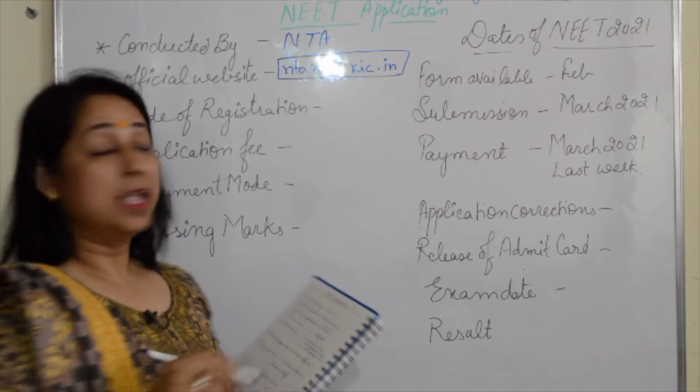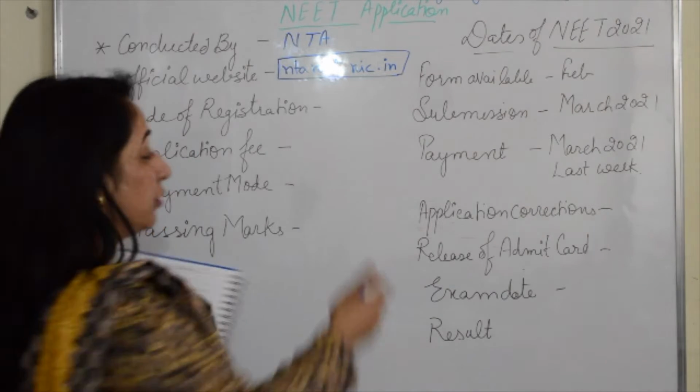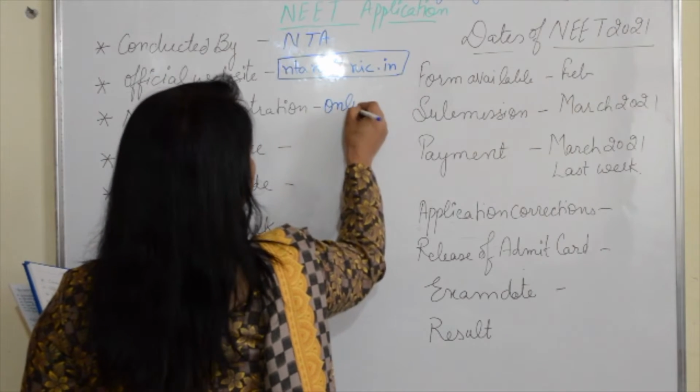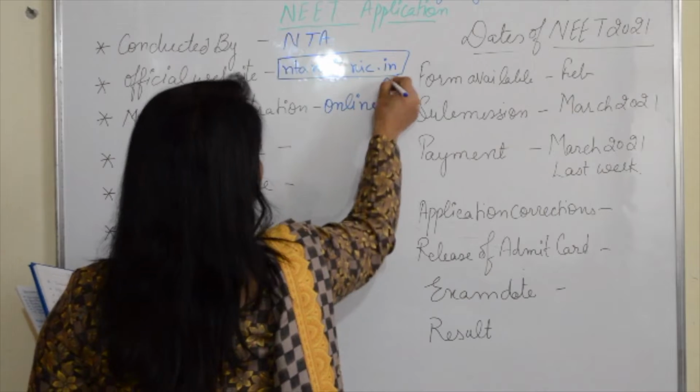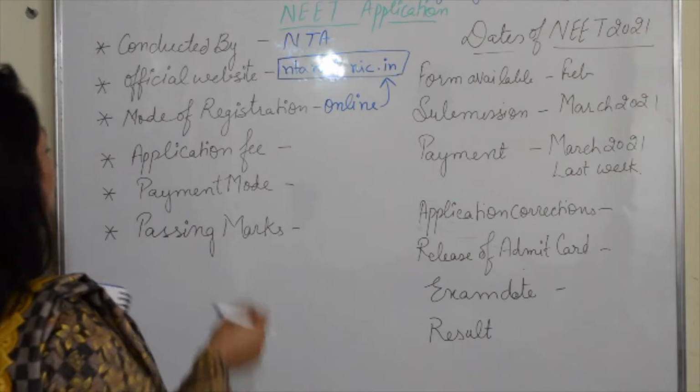Mode of registration. Now how do you register? You register in an online mode. That is why you have to visit this website and then start filling in your application form.